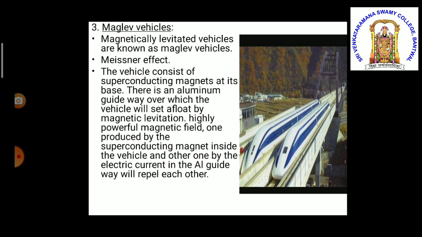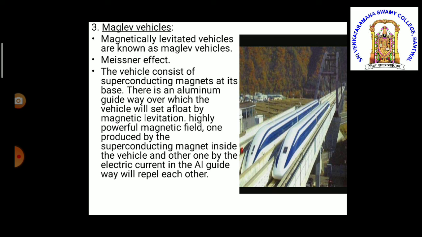Maglev vehicles. This particular vehicle seems to be floating. Magnetically levitated vehicles are known as Maglev vehicles, and here Meissner's effect is applicable. The vehicle consists of a superconducting magnet at its base. The guideway is made of aluminium material, over which the vehicle will set afloat by magnetic levitation.